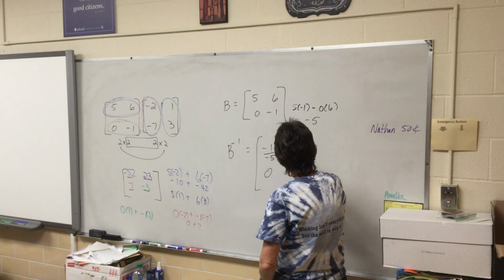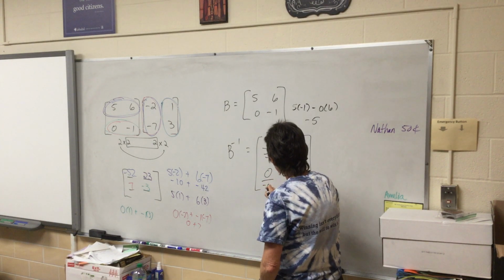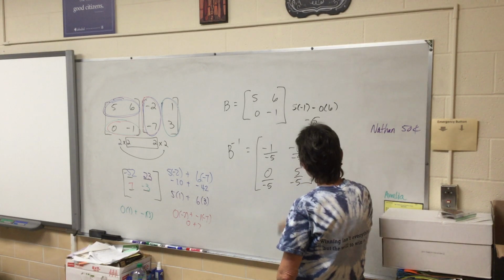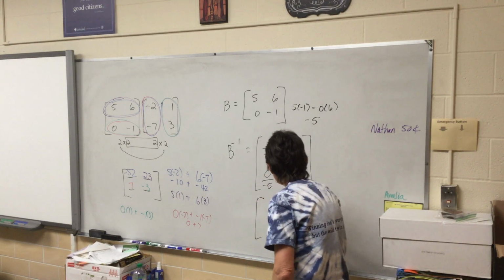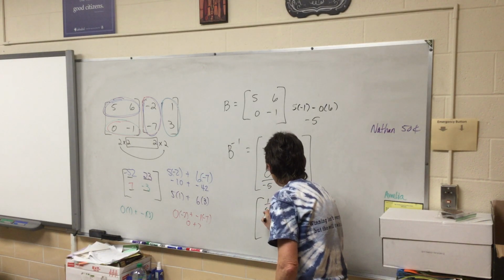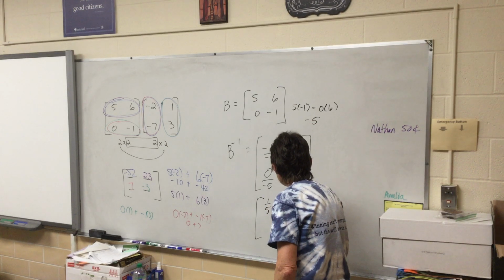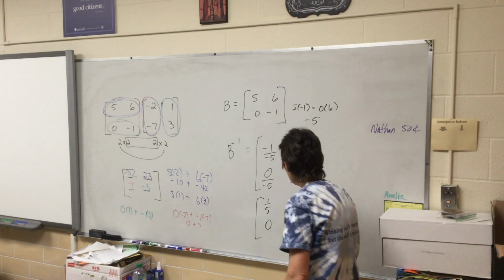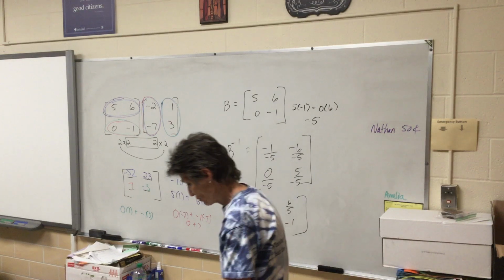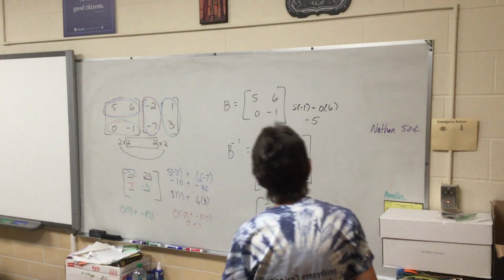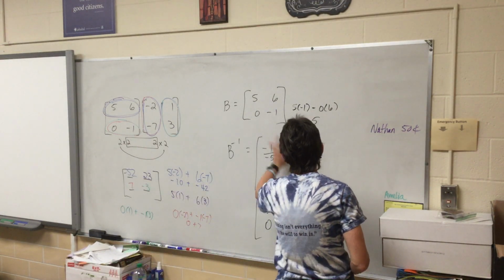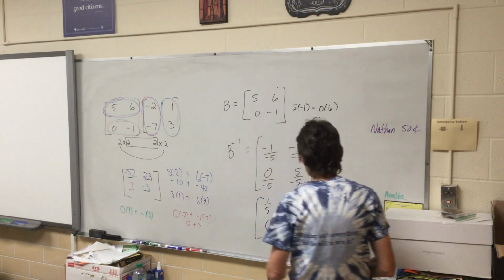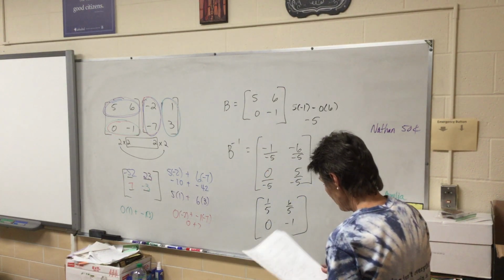Then I divide each one of these by the -5 that I found as the determinant, and I simplify. So 1/5, 6/5, 0, -1. That is your inverse. 2 steps. Find the determinant, make a new matrix, and then divide. And that will give you your inverse.